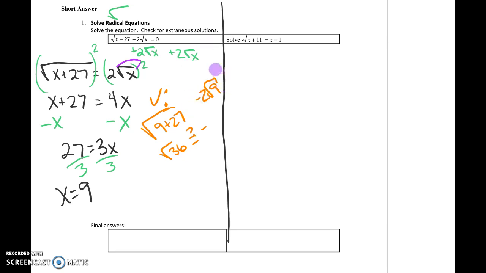Does that equal 0? So does that equal minus 2 times 3? That becomes 6 minus 6, which equals 0. Yes. So this one, it does work. So your answer is x equals 9. Sweet. So that one we're good.